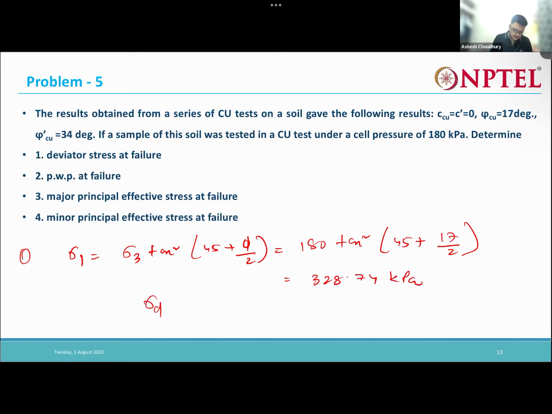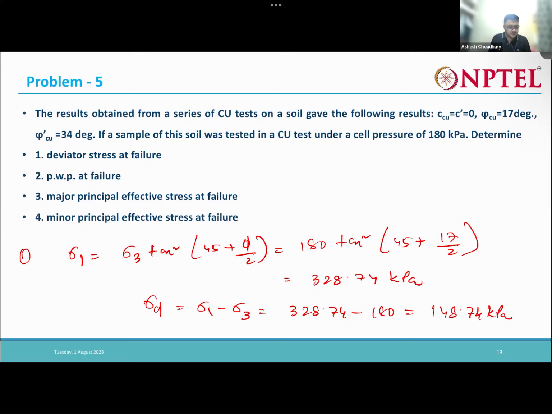Therefore, the deviator stress at failure will be sigma 1 minus sigma 3, 328.74 minus 180, which is 148.74 kPa. All right.